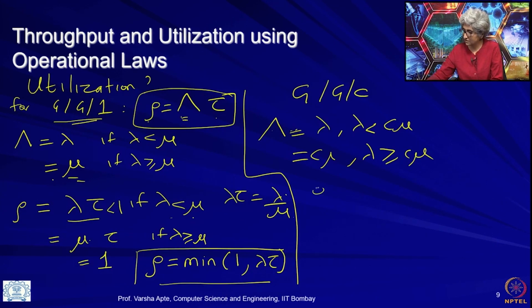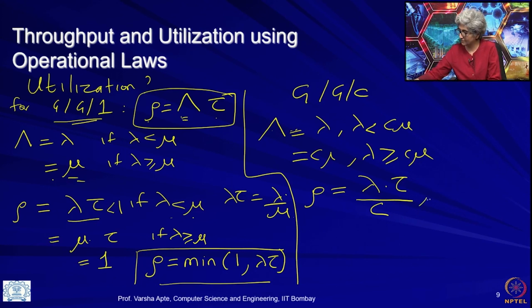So, utilization was lambda tau, but it is not going to be lambda tau anymore; the total work is divided between the C number of servers here. So, it is going to get divided by C. If one server was 50% busy, 2 servers will become 25% busy, right, it is very easy. This holds if lambda tau by C is less than 1.